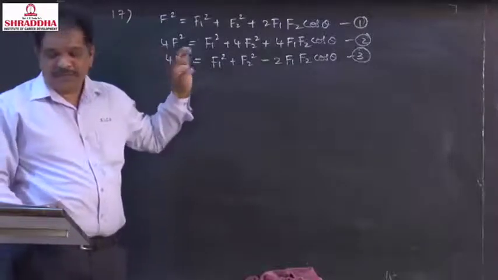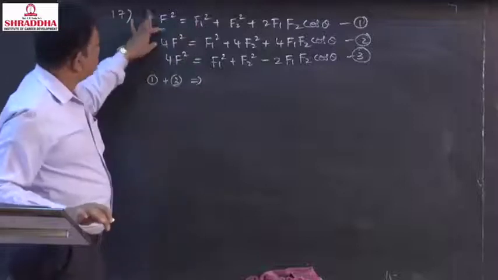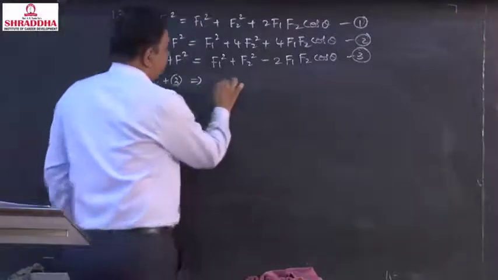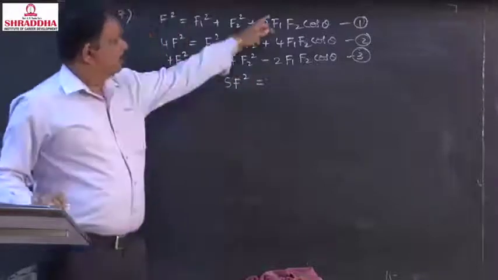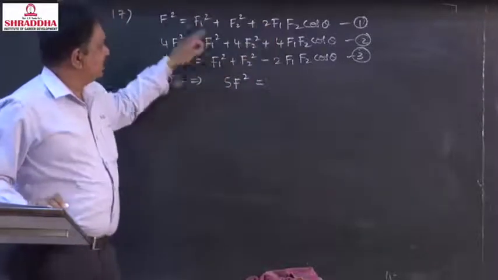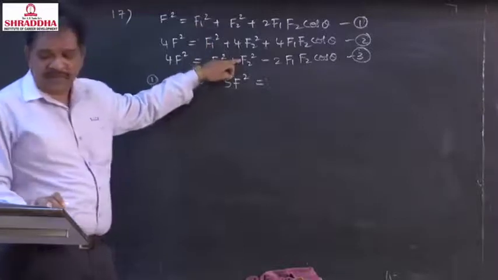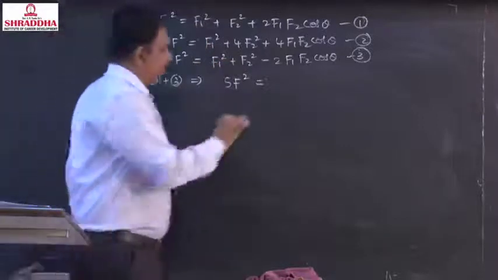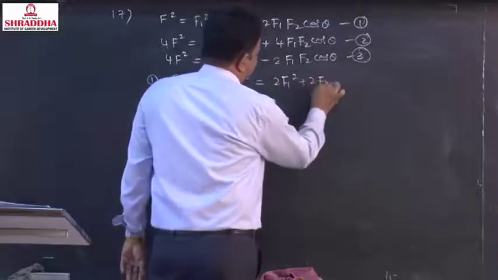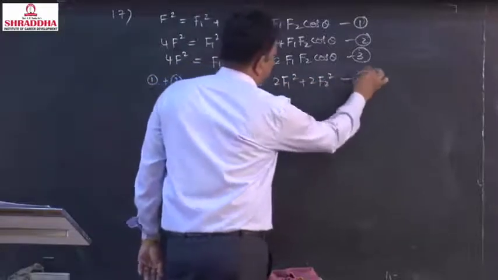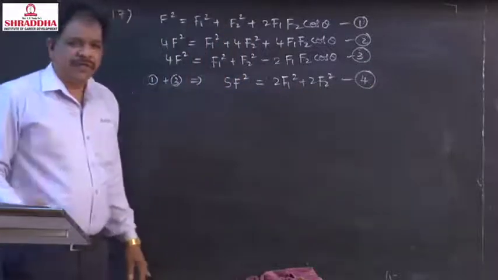What we will do is we will add 1 and 3. F square plus 4F square will be how much? 5F square. These two terms will cancel. These two we will add, these two will add. Then what we will get is 2F1 square plus 2F2 square. Let it be equation 4.